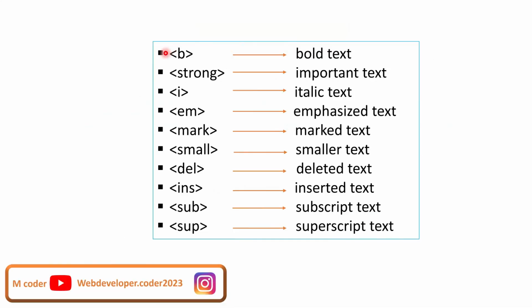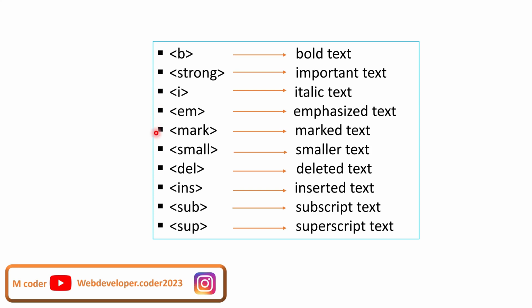Let's take a quick look. The B element bolded the text. The strong element bolded the text with the difference that it gave a special meaning to the text and made the text important to search engines. The I element italicized the text. The EM element italicized the text and was used for screen readers.